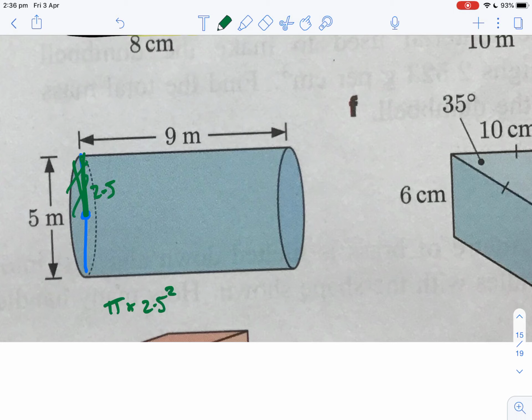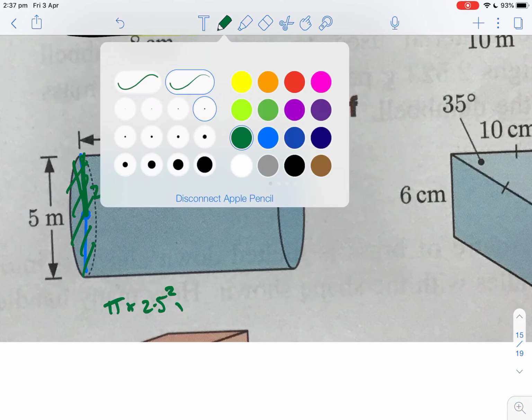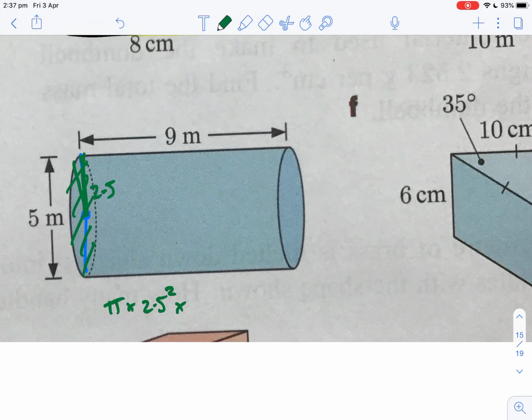That gives me the area of the circle on the end, timesing that by the depth of the shape, which is the 9, my bad, I don't know where I glanced up and saw that one. So times my 9, and that will give you the volume there. I'll leave you to throw that one into your own calculator.